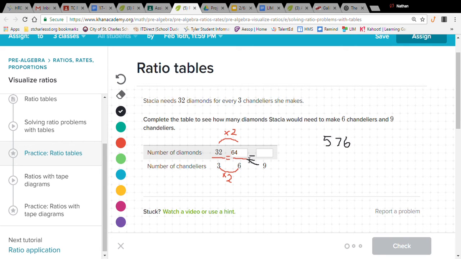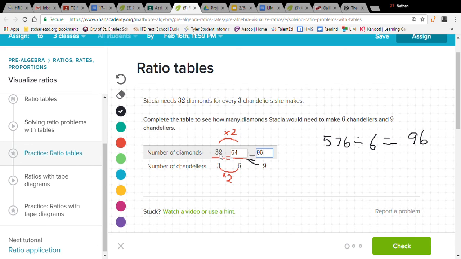So you multiply the diagonal numbers, and then you take that product and you divide it by the leftover number here, which is 6. So what you get is 96. And again, we solve that using our traditional solving proportions method.